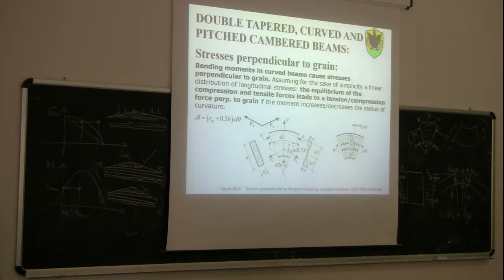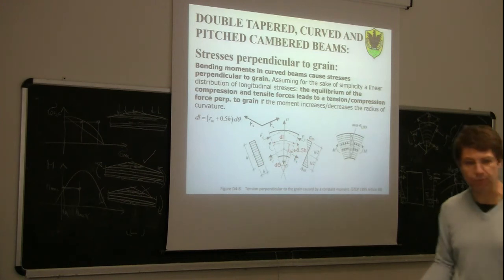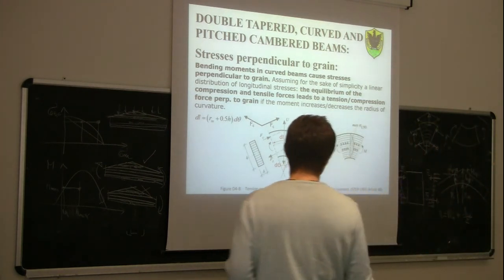Both cases are not very nice because we have stress perpendicular to the grain, but by far the worst case is the one with tension perpendicular to the grain. So we need to be very careful when we have this scenario, which means bending moment tending to increase the radius of the arch, of the curved beam. In this case, we need to be very careful because we have, of course, tension perpendicular to the grain.